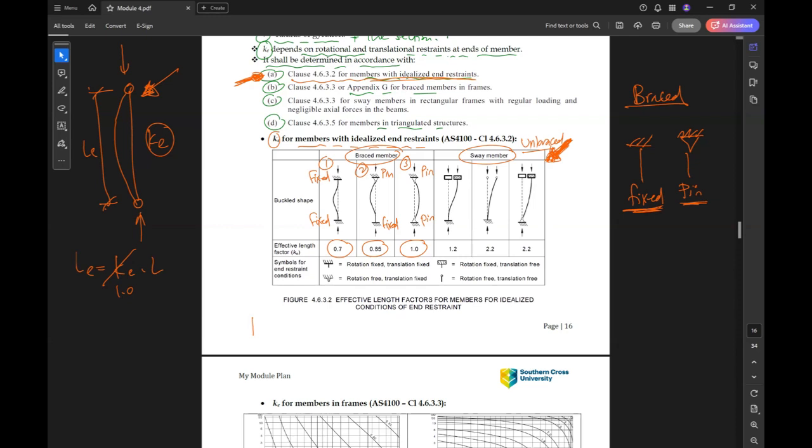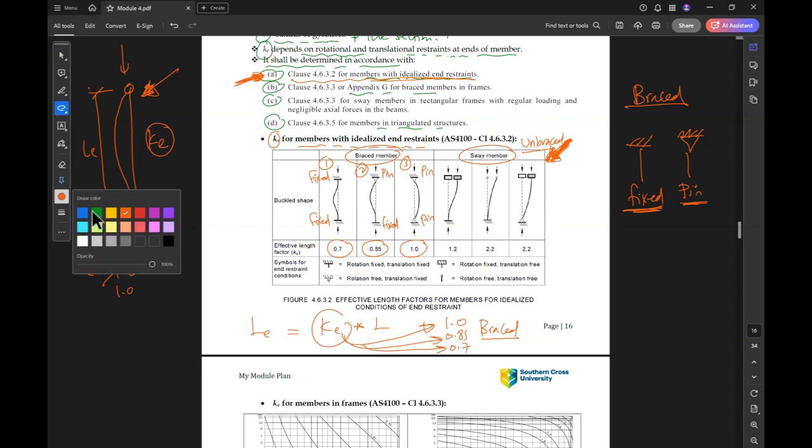Okay. So again, just a quick revision. We have L effective equal to K effective times L, where K effective can be 1 or 0.85 or 0.7 for braced columns based on the ends. The other type of column we have is the unbraced column.